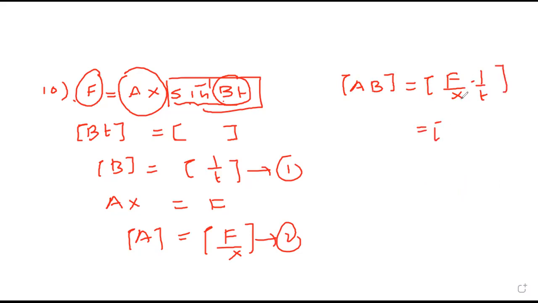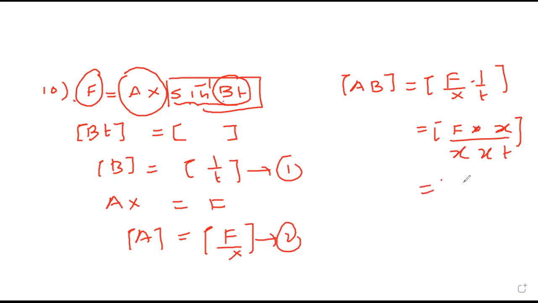Force upon displacement is pressure, but extra time is there, so it can't be pressure. Force upon length is surface tension, but with extra time, it can't be that. So what I am doing, I am multiplying by x and dividing by x. This I did from my side.